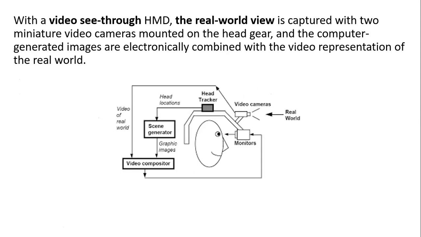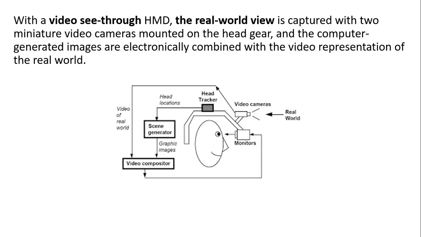Now there are two types, as I said, one is video see-through and one is optical see-through. In case of video see-through, you can see a diagram of how the video see-through works. With a video see-through HMD, the real world view is captured with two miniature video cameras. Those video cameras are mounted on the head gear, that is on the head of the person, and there will be computer generated images.